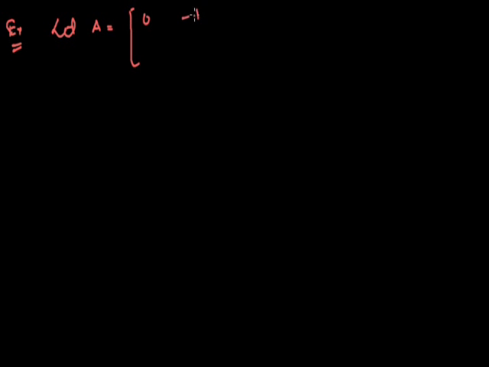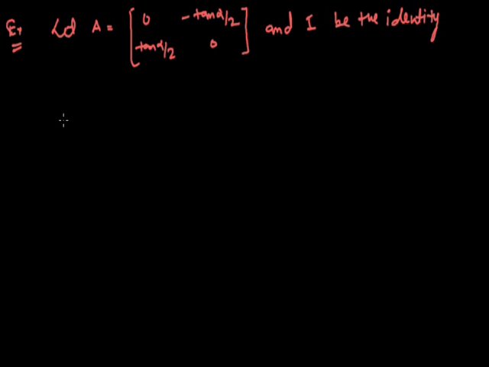Let A equal to 0, minus tan alpha by 2, tan alpha by 2, 0, and I be the identity matrix of order 2.